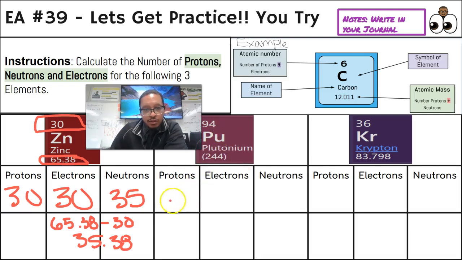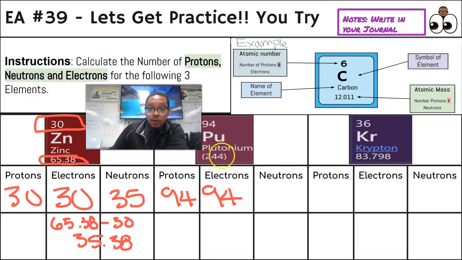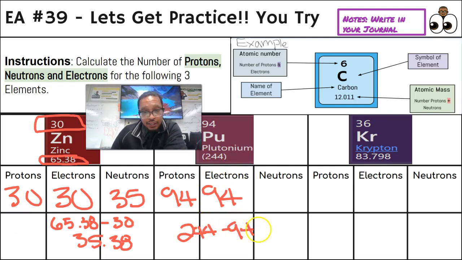Now, the same thing over here. Plutonium has 94 protons. Electrons are going to be equal to the same because it is a neutral atom. So it's 94, 94. Now we're going to have to take 244 minus 94.